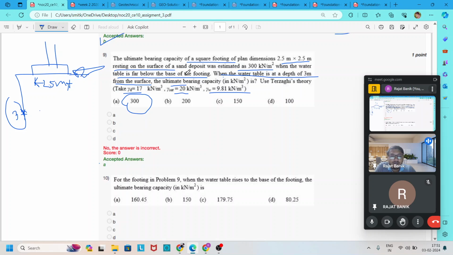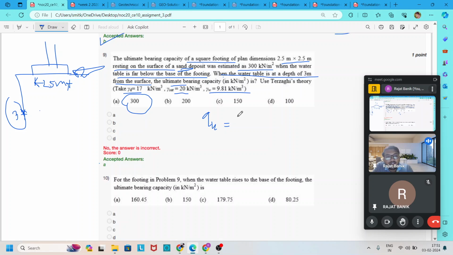So first from question number 9, we analyze further. It is a square footing in pure cohesionless soil, a sand deposit, so c is equal to 0. For a square footing we can write 1.3 c Nc plus q Nq plus 0.4 B gamma N gamma.